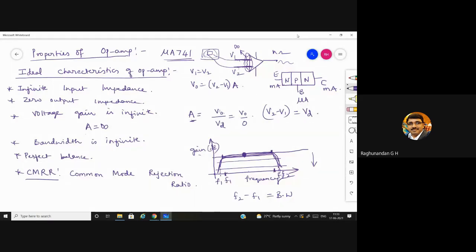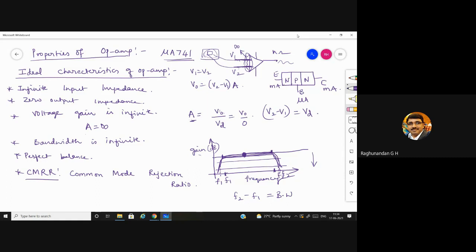This common mode signal is the unwanted signal. Any signal which is not required becomes unwanted, or a noise signal. So, the ability of an op-amp to reject such a common mode signal is known as the common mode rejection ratio.